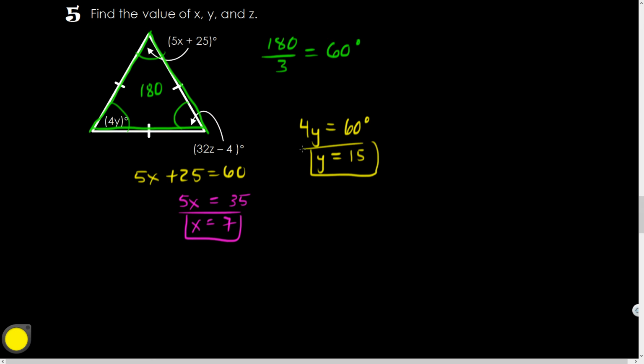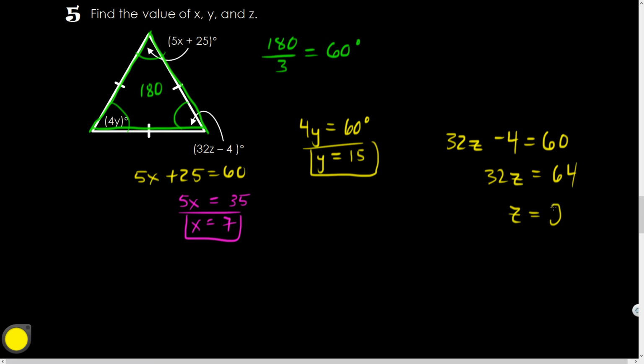I'm not going to write the degree. And lastly, I want to find that z. Guess what? 32z minus 4 is equal to 60. Careful writing a 2 next to a z sometimes. Plus 4, so 64, and oh, doesn't that divide nicely?